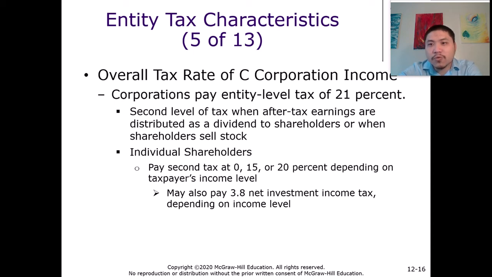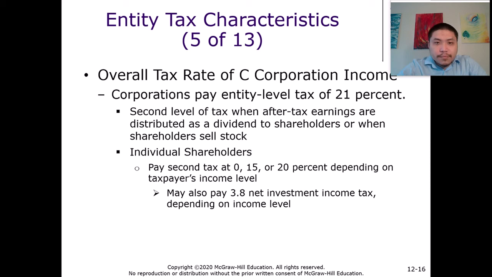But if they hold the stock for less than 1 year, then they have to treat the gain as ordinary income. On top of that, they may have to pay the 3.8% net investment income tax, depending on their income level.